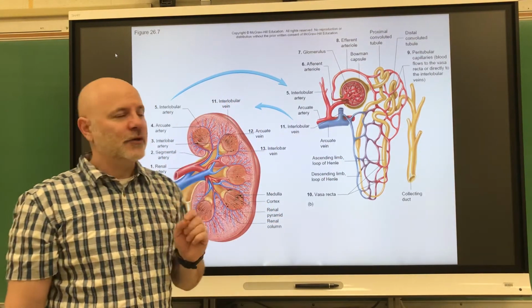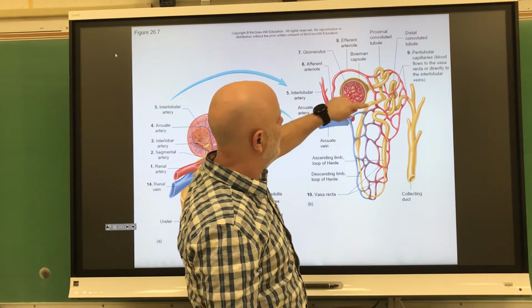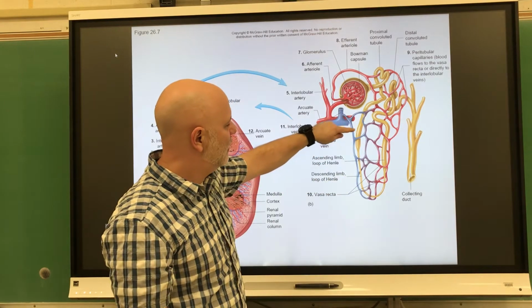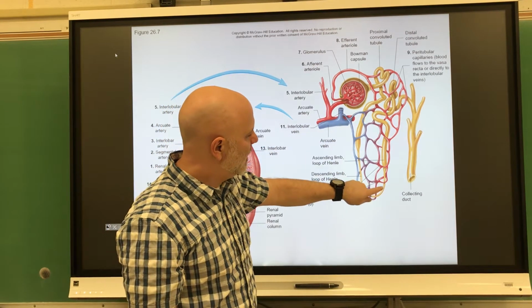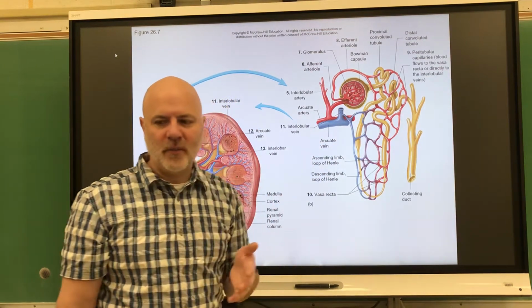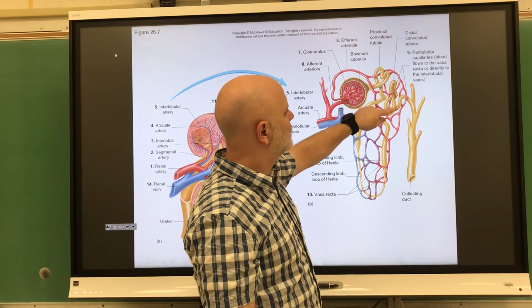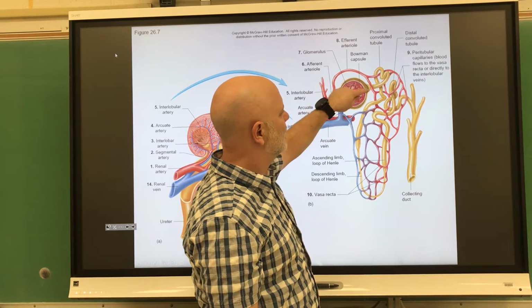Now, there are three parts to this. One is the proximal convoluted tubule, which is located here. Next is the loop of Henle, also known as the nephron loop. That loop of Henle has a descending limb here, and then it has an ascending limb, which will be important later on. Then we have the distal convoluted tubule. Proximal means close to the point of attachment, which is the renal corpuscle.